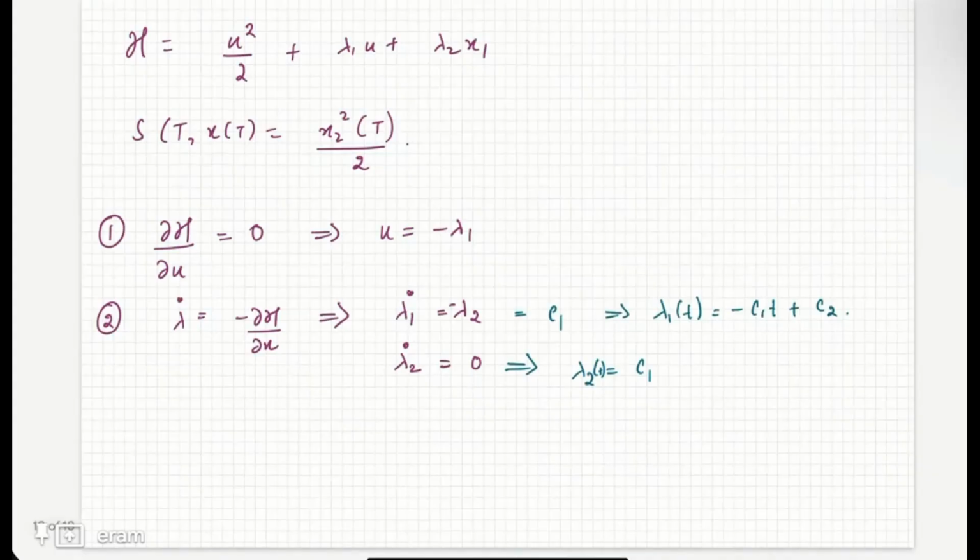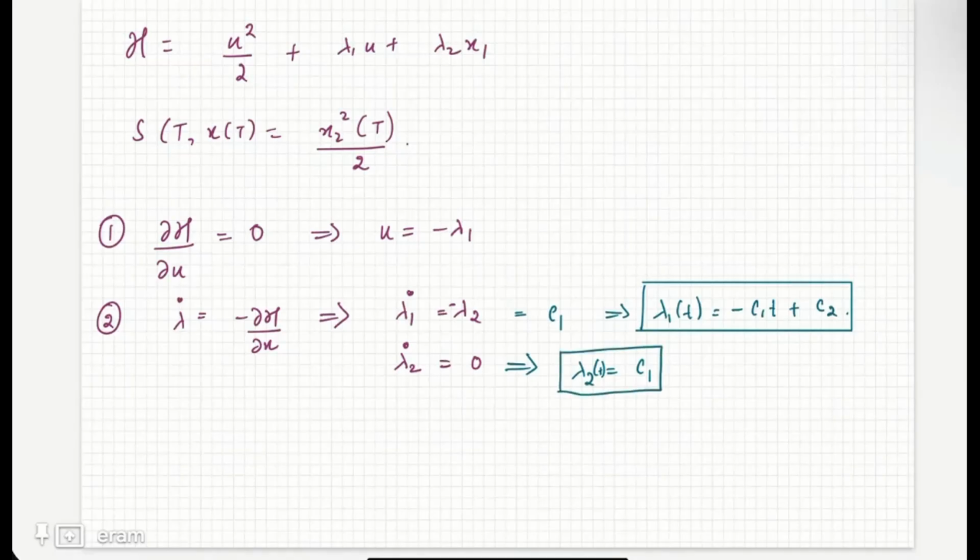Now we have the expression of c1 and we have the expression of c2 with us.